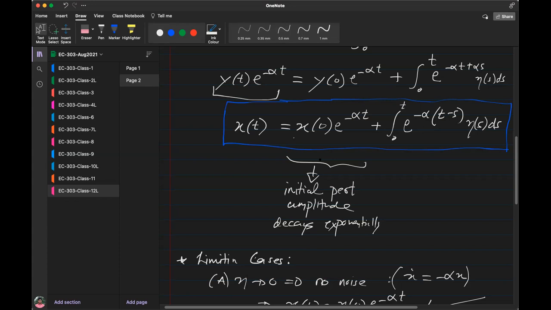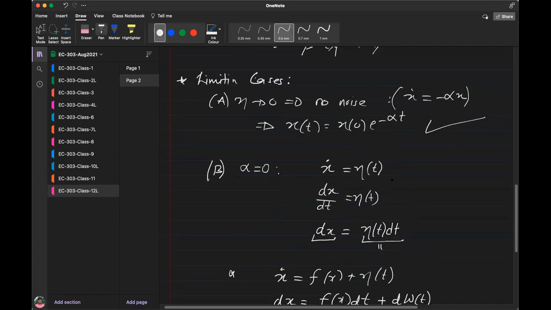So the two limits: eta equal to 0 takes you to the deterministic mean field model, and alpha equal to 0 takes you to the Brownian motion limit. This Brownian motion is now the state variable; x need not be the location. So it's always useful to think of these limiting cases.